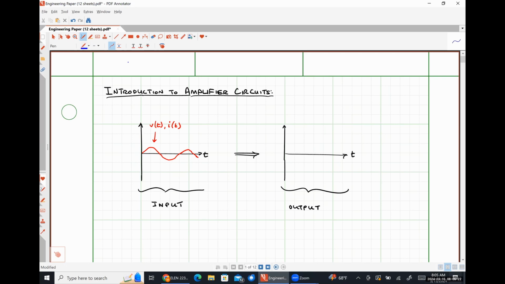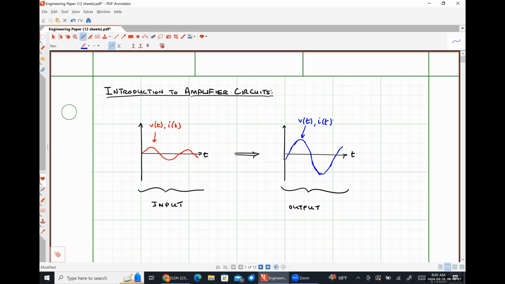And I might see something like this. Where once again, this waveform could represent a voltage or a current as a function of time.